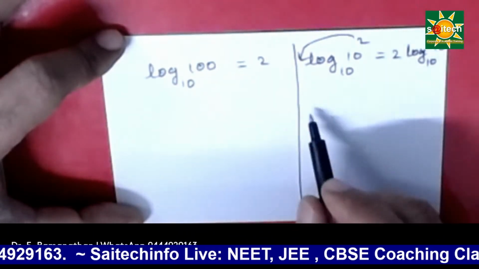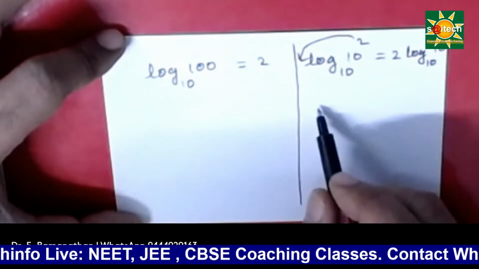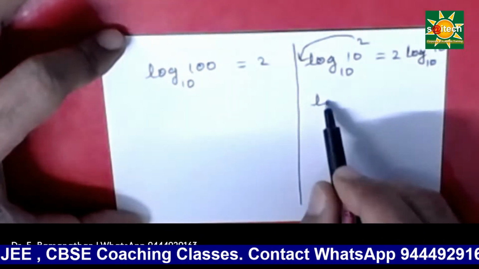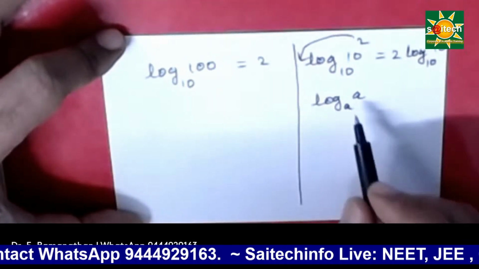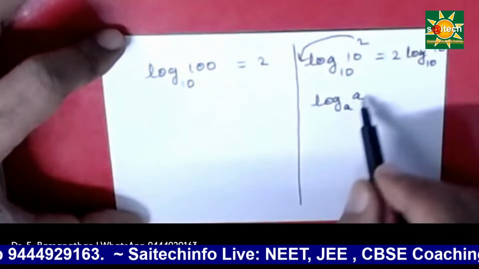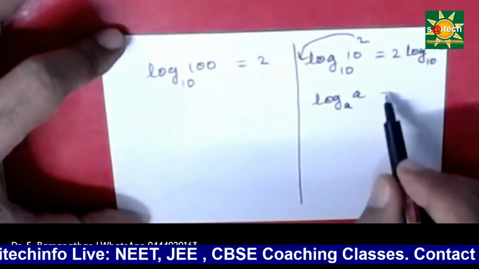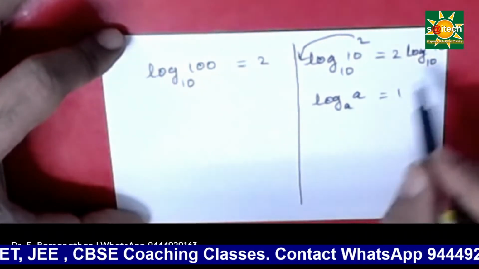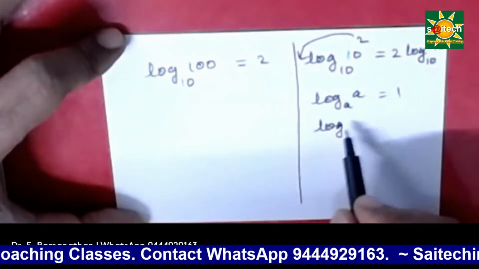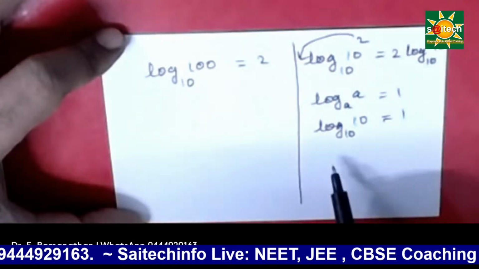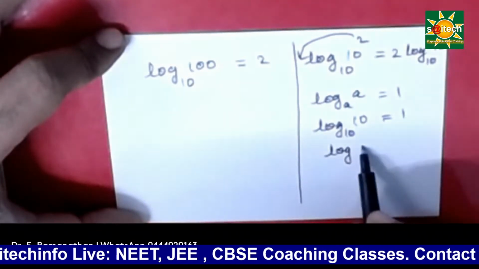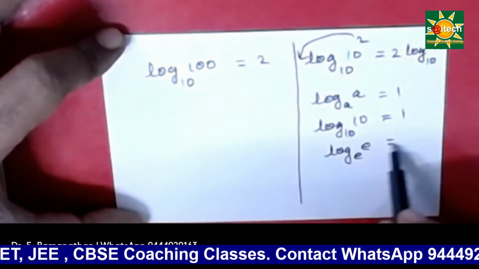There is one more logarithmic rule, that is, log a to the base a, when you have both the similar terms, it becomes 1. Likewise, log 10 to the base 10 is equal to 1. Log e to the base e is equal to 1.